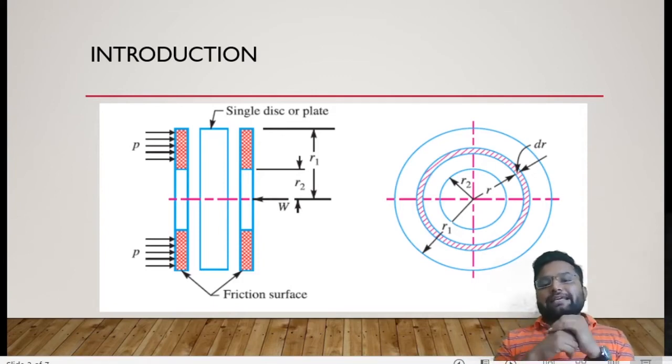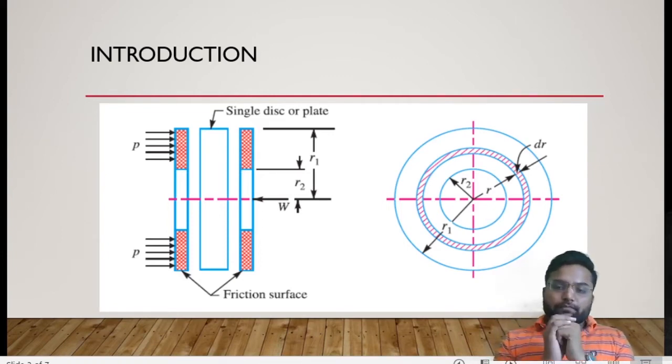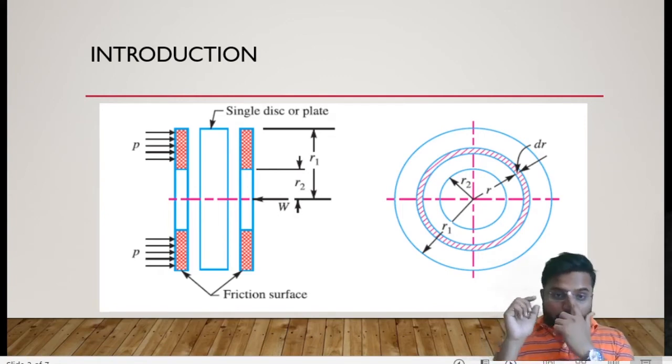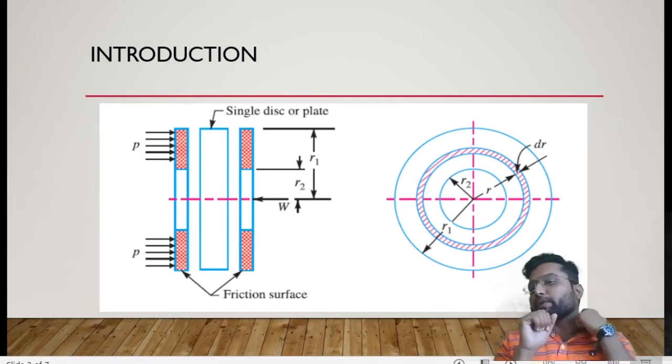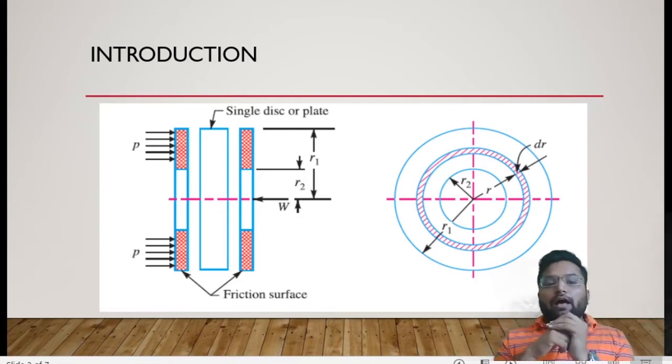Clear? Here you can see the inside radius is denoted by R2 and the outside radius is denoted by R1. In the uniform pressure theory, we are considering that the pressure throughout this R1 to R2 is the same. But in the uniform wear theory, the pressure will be different due to different wear set on our clutch plate. Clear?